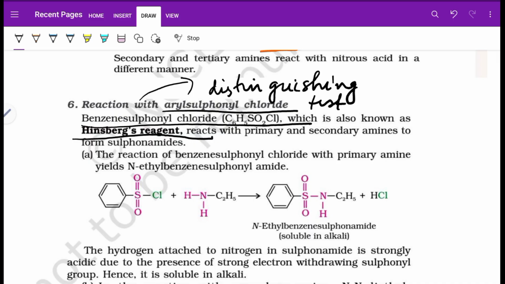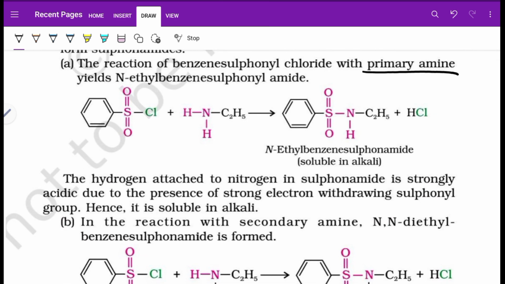Hinsberg reagent is used to distinguish a 1 degree, 2 degree or 3 degree amine. And how does the reaction proceed? If I start with a primary amine, say this is an example of a primary amine, and react it with Hinsberg reagent. And what is Hinsberg reagent? It is benzene sulfonyl chloride.